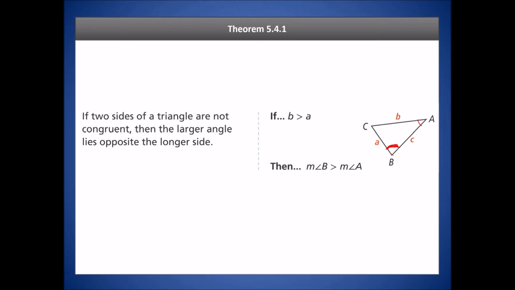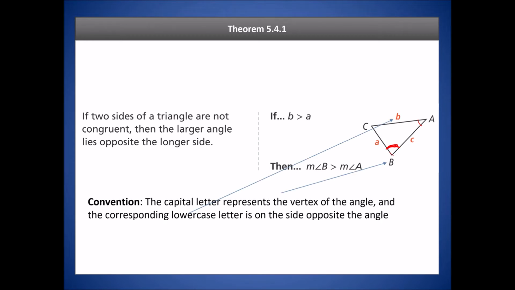If you look at the convention for when we do triangles, the capital letter indicates the vertex of the angle, and the lowercase letter is on the side that is opposite the angle. So notice that we have a capital B here for this angle, and opposite that side is a lowercase b.